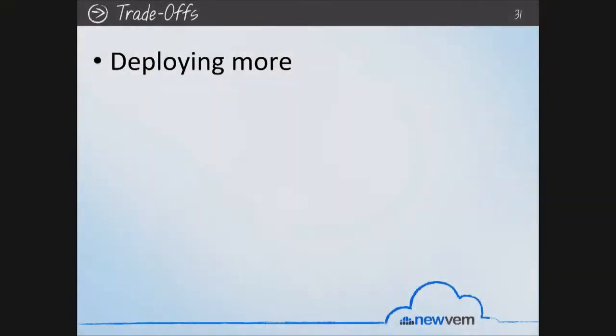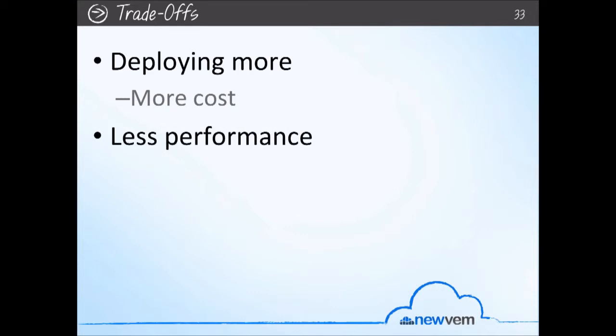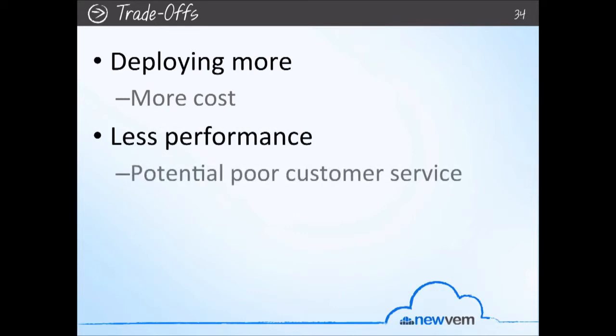Understanding your trade-offs is key for performance management. Deploying more resources reflects a trade-off. Deploying more availability, more performance, and more security means more cost. Deploying fewer resources also reflects a trade-off. Less performance, less availability, less security means potential poor customer experience.